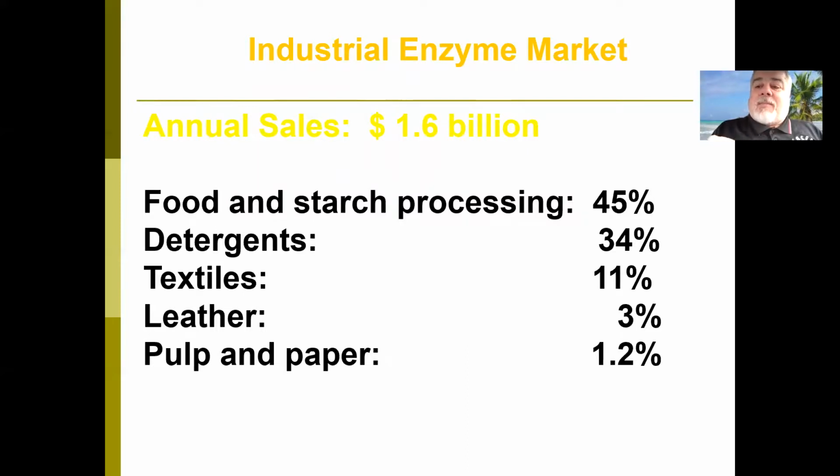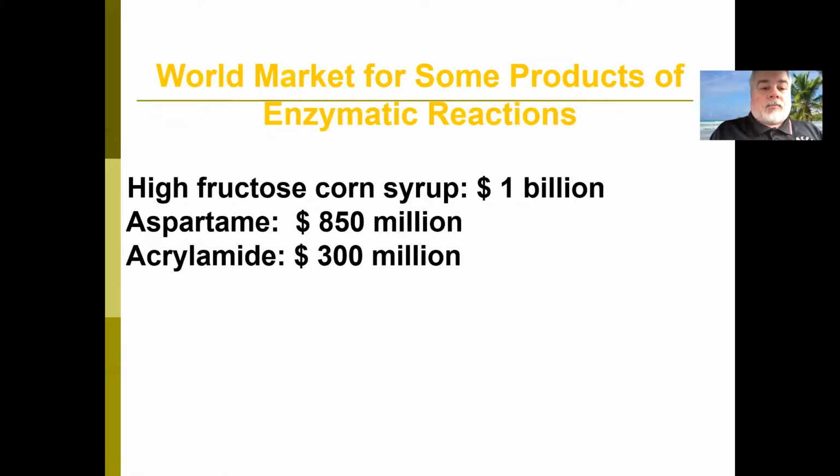So the enzyme might be actually helping the detergent work, or it might be helping to make a detergent. High fructose corn syrup, largely in the candy and soda market, especially sodas, billion-dollar industry.